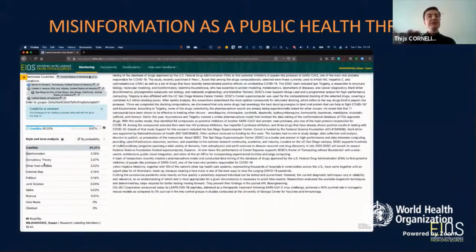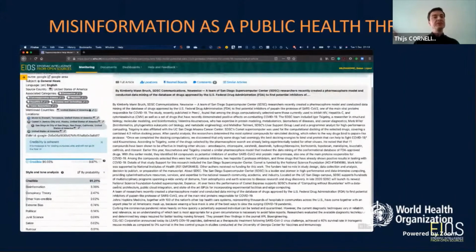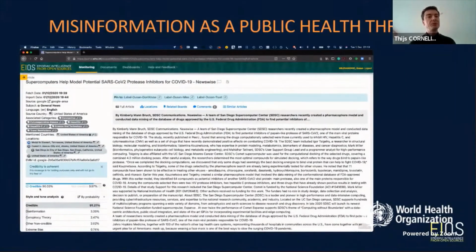You see in the animation the information exposed from the algorithm in the user interface in the test environment for our system. On the top, you see an overall score between 0 and 100%. And also in more detail, the algorithm tries to assign the article to one of these classes that you see.